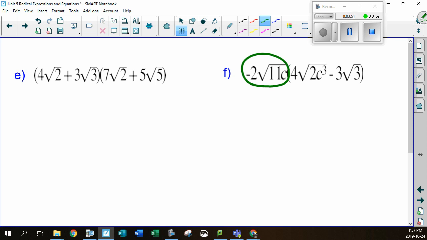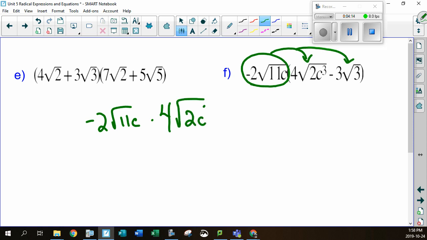Just remember the one thing I taught you so far: numbers times numbers, radicals times radicals. So here we go. That would have to distribute to this and to this. Do one at a time. I'm going to do it way over here. Minus 2 root 11c, and we're going to multiply this by 4 root 2c cubed.